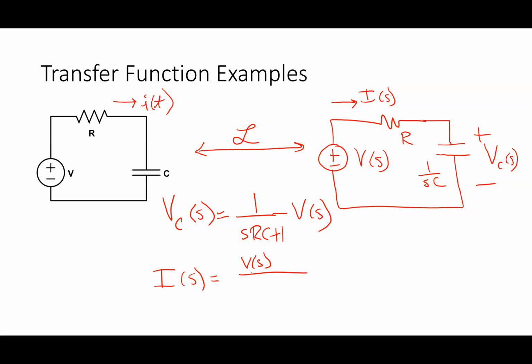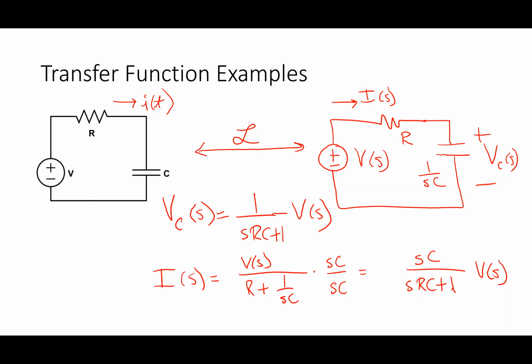R plus 1 over SC. The total impedance in that circuit is R plus 1 over SC, right? So what does that become? Well, if I multiply top and bottom by SC again, that guy would become SC over SRC plus 1 times V of S, right? And I could plug in the Laplace transform of the input of V of S.